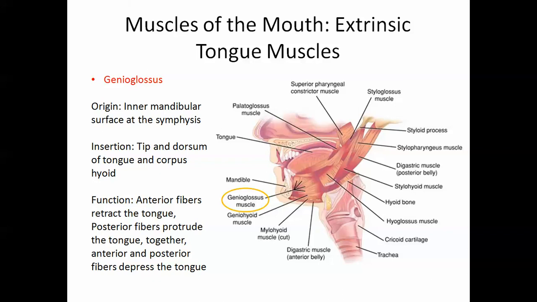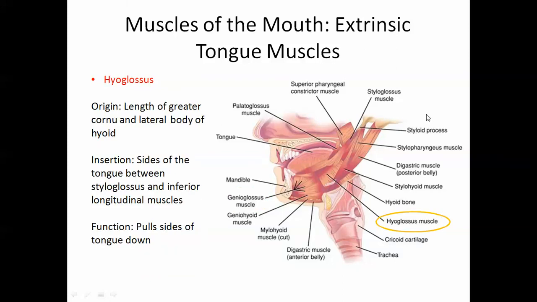But if both are working against each other, they depress the tongue. The anterior fibers pull the tongue this way, the posterior fibers push the tongue out, and together they push the tongue down. The genie of all the tongue muscles.